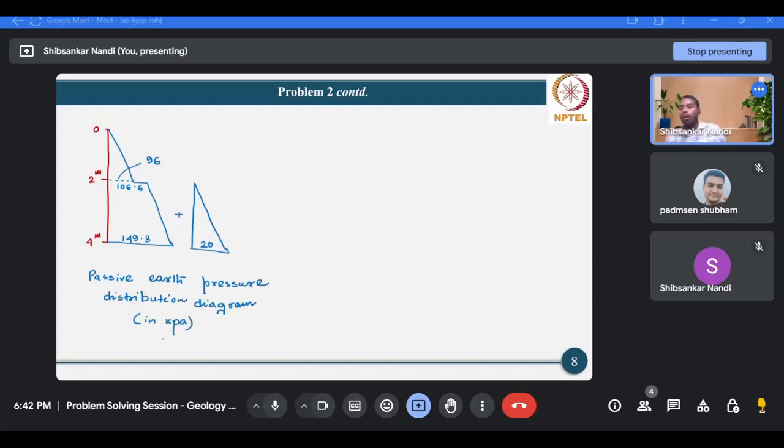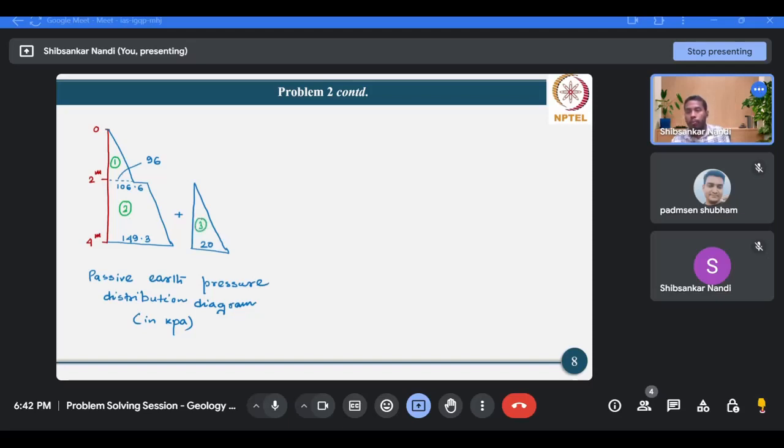Now what we'll do is calculate the resultant passive thrust and its line of application. For that, we'll split this diagram into regular geometry. Suppose this is triangle 1, this is trapezium 2, and this is 2.